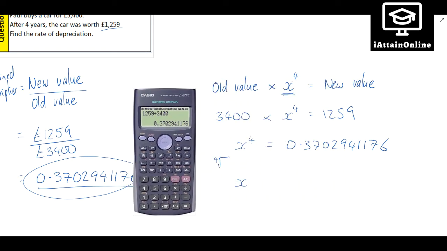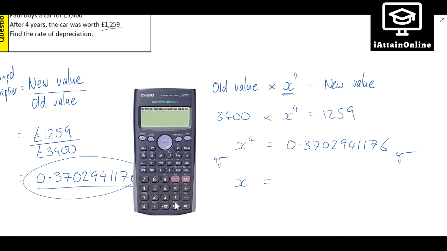So if I do the fourth root of both sides, that will tell me at the end of each year what value I have left of the original value at the start of the year.